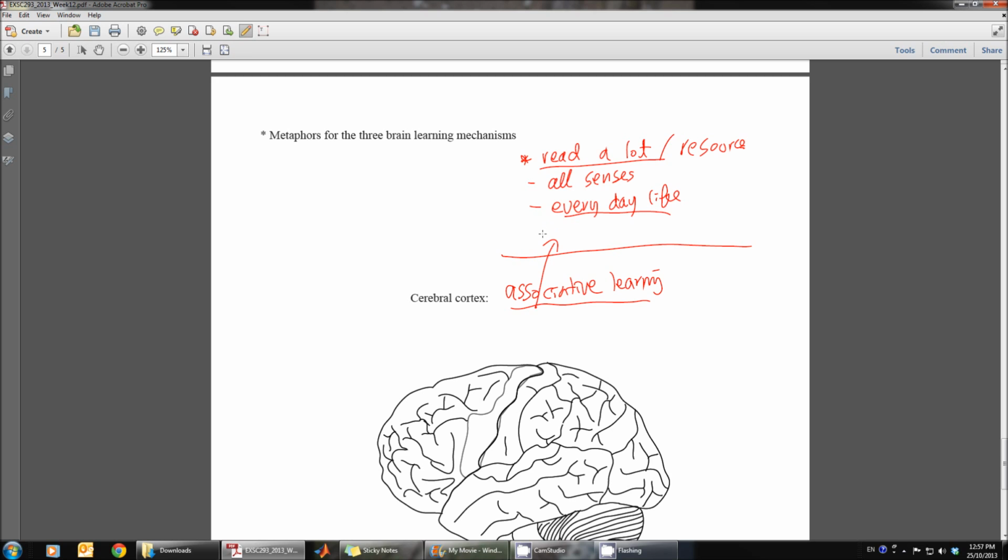And use mnemonics. If you search the term mnemonics, it's the memory techniques, and it all uses this associative learning that happens in the cortex.